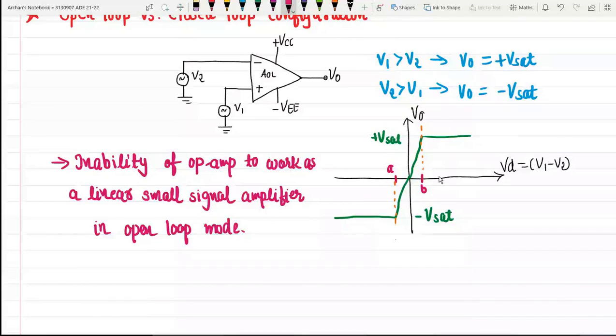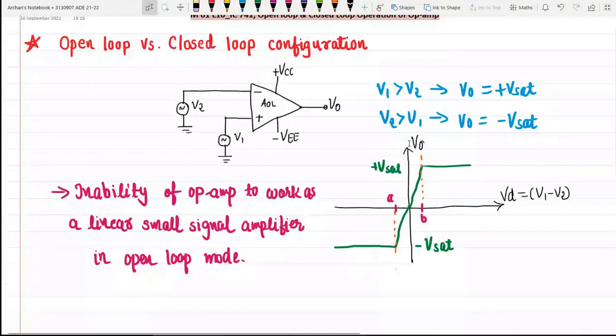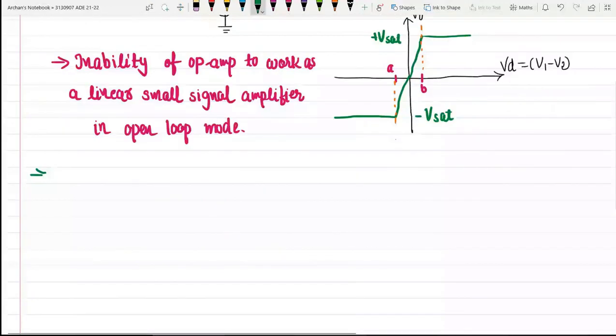So it is necessary to understand the closed loop operation of the op amp. Okay, so we'll see closed loop operation of the operational amplifier.